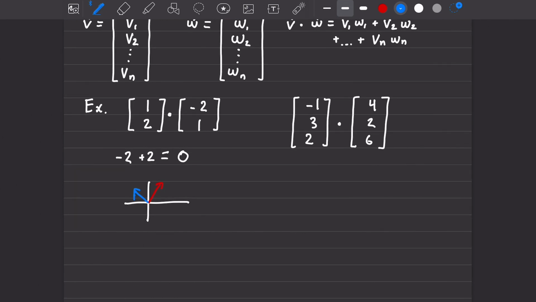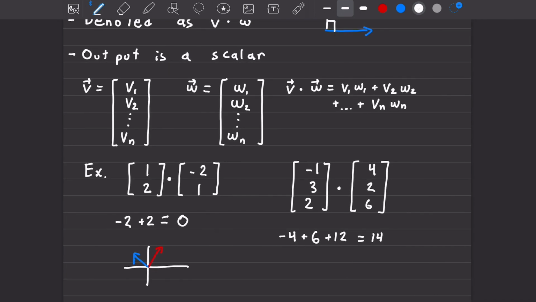Let's take a look at some other ones. So we have -1 times 4, -4, plus 3 times 2, 6, and then finally plus 12. So we're going to have -4 plus 6, 2 plus 12, which is going to be 14. And that's all. Dot products aren't too complicated, thankfully.